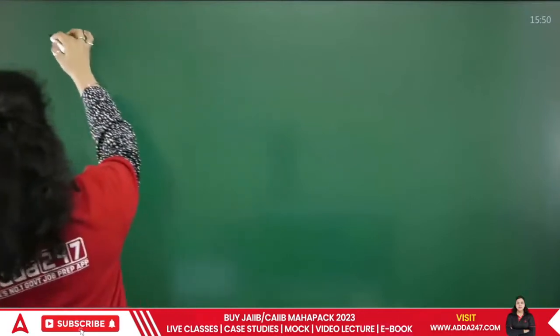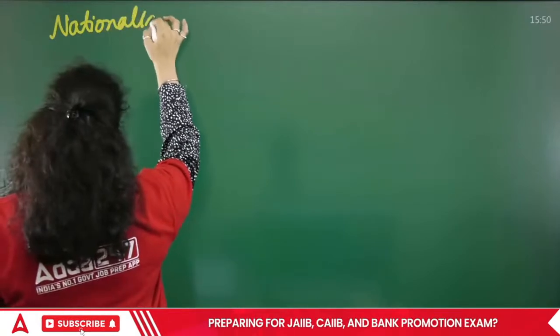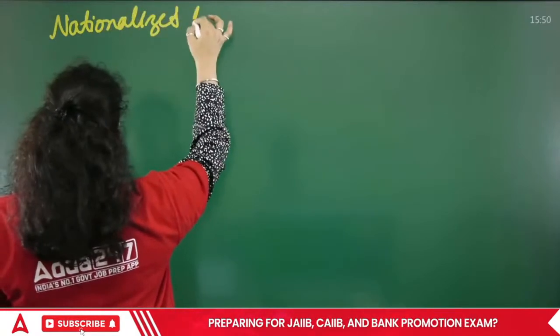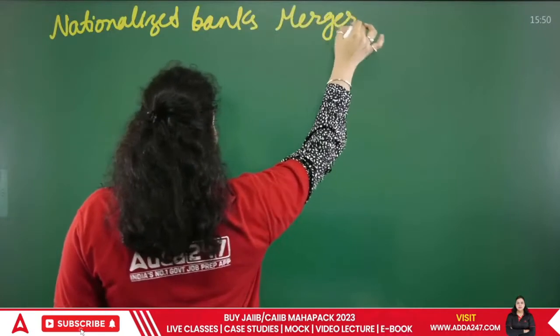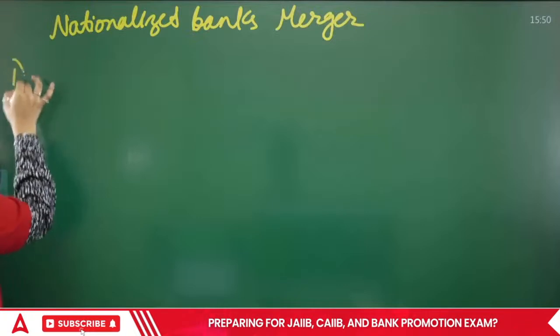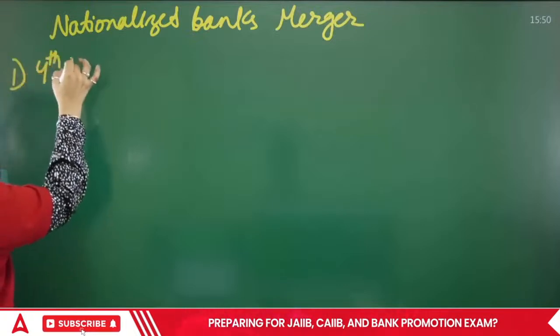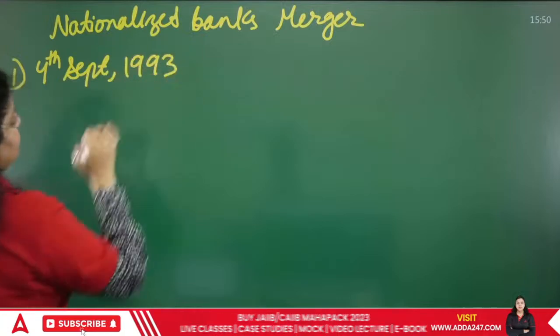So if I talk about nationalized banks here, the first merger of a nationalized bank happened in the year 1993, on 4th of September. These years are very important, so make sure you remember them.